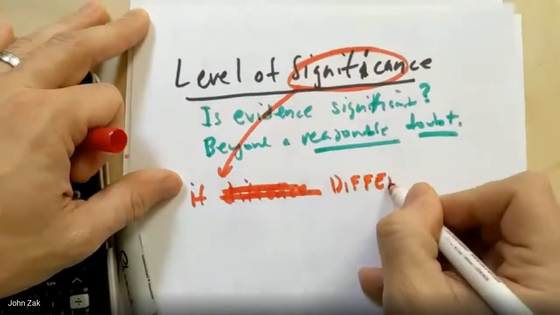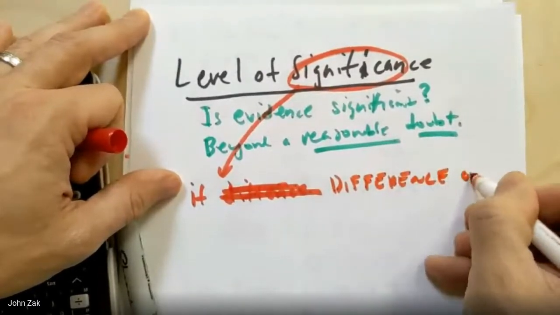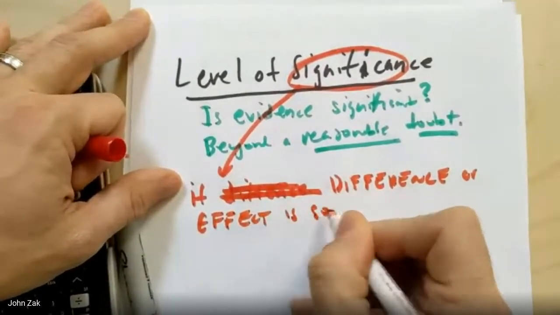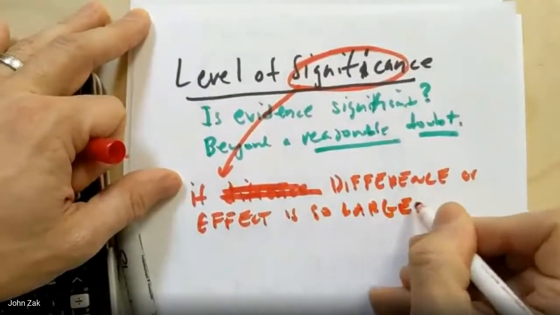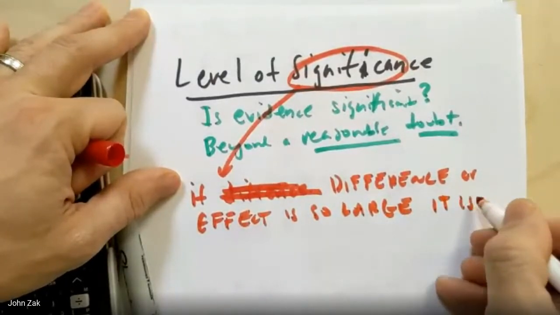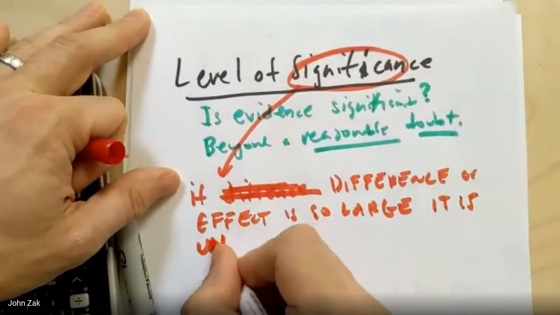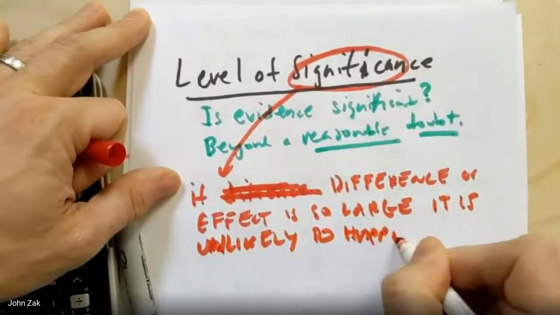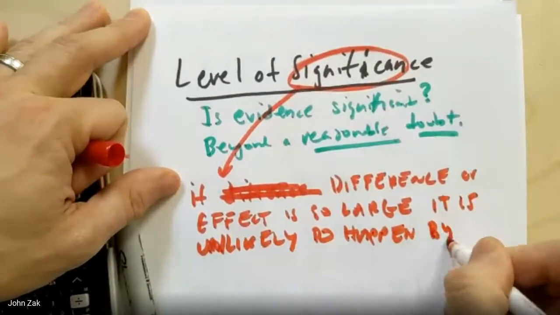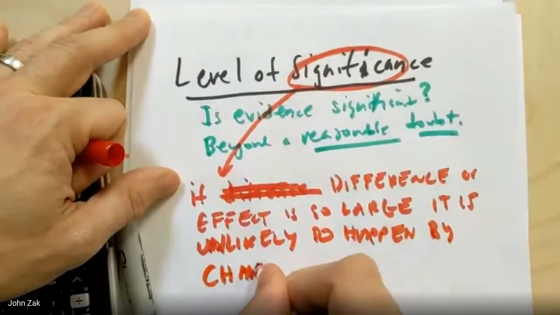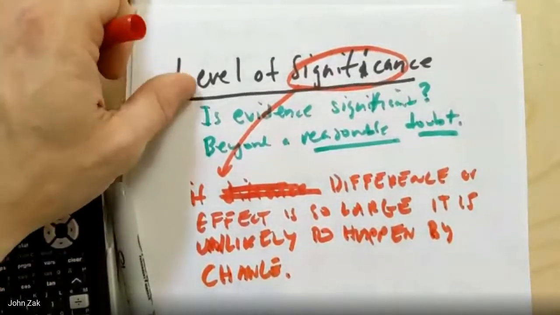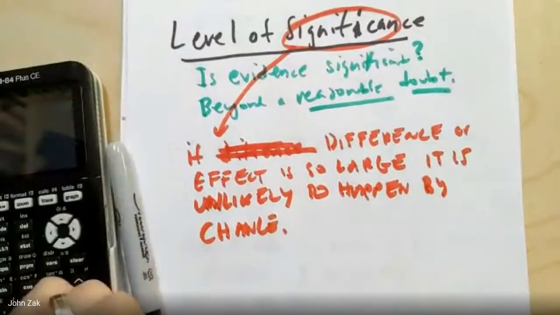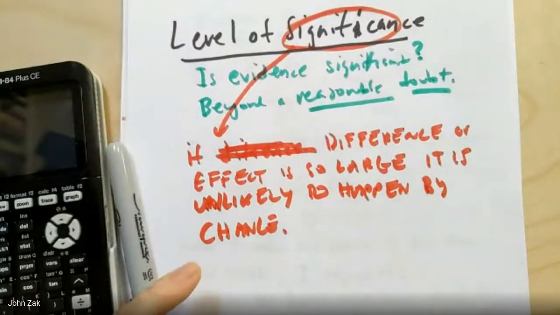If the difference or the effect is so large, it is unlikely to happen by chance. I don't know if that all caps is really all that much better, right? But if some type of effect is so large, it's unlikely to happen by chance.